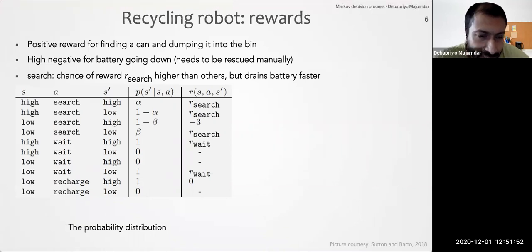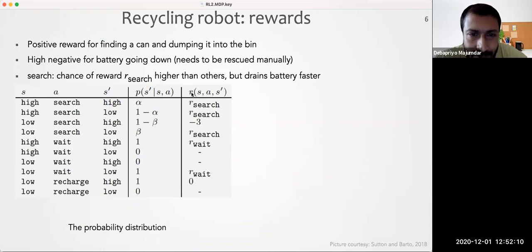This can actually be calculated based on the exact battery percentage and so on. So with probability alpha, the battery remains high, but with probability 1 minus alpha, the battery can become low. In either case, as long as you are searching, the reward R, which is again a function of the state, action and future state, is this.